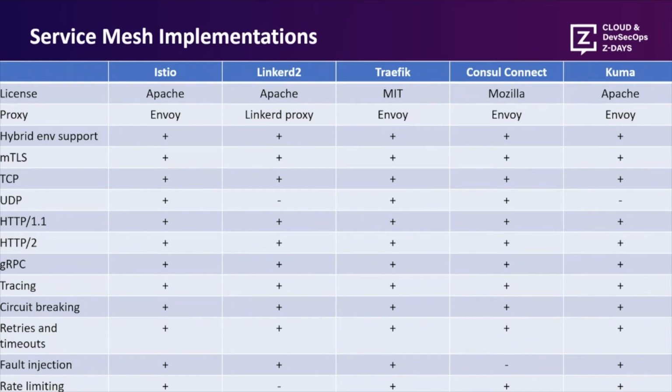Then a proprietary option is Consul Connect from HashiCorp. That is also a great product, but I don't see it used in cloud native environments too often. Its use case is more towards hybrid environments, when you are running part of your workloads on premises and you need to give those access to your brand new container platform.